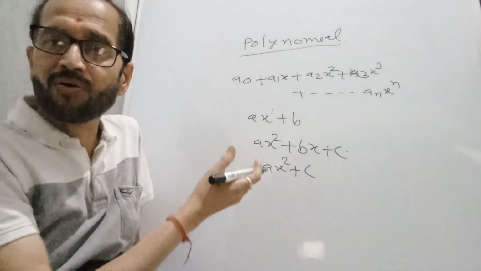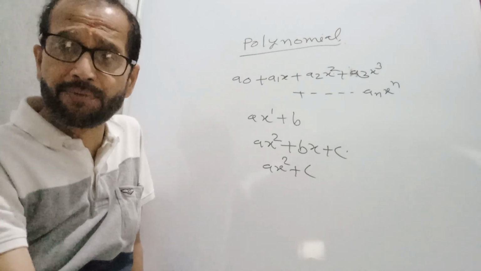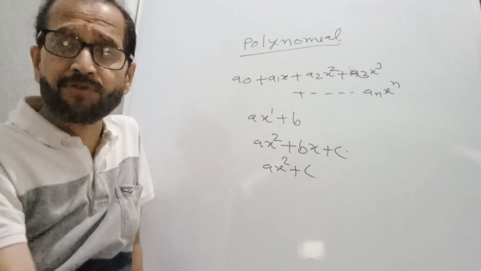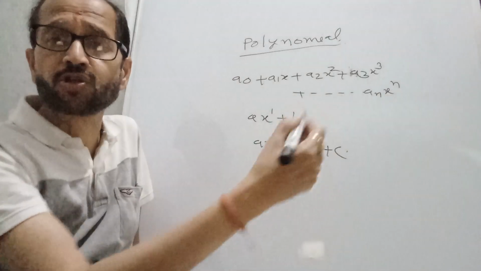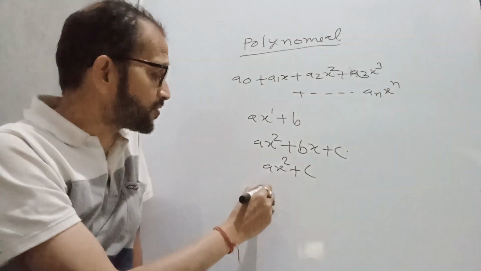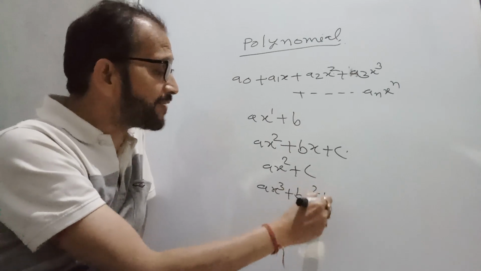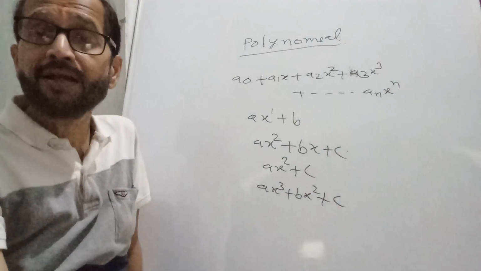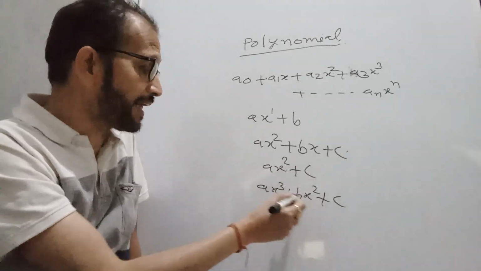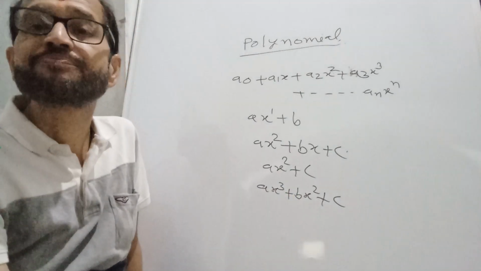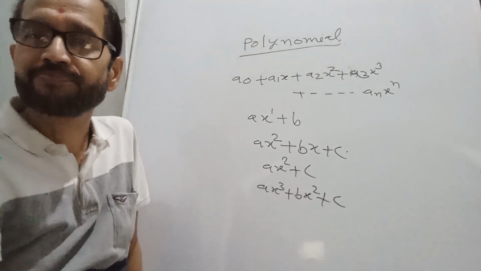If the highest degree of variable is 3, then it is a cubic polynomial. Suppose ax cube plus bx square plus c, it is a polynomial of degree 3, because the highest power of variable x is 3 here. So, it is a cubic polynomial.